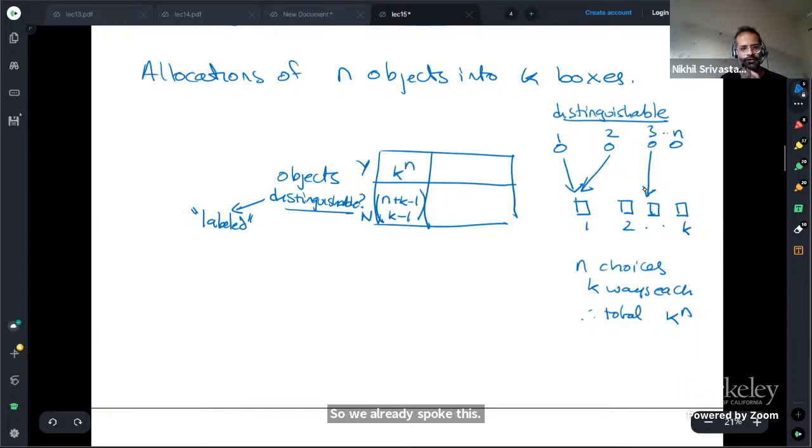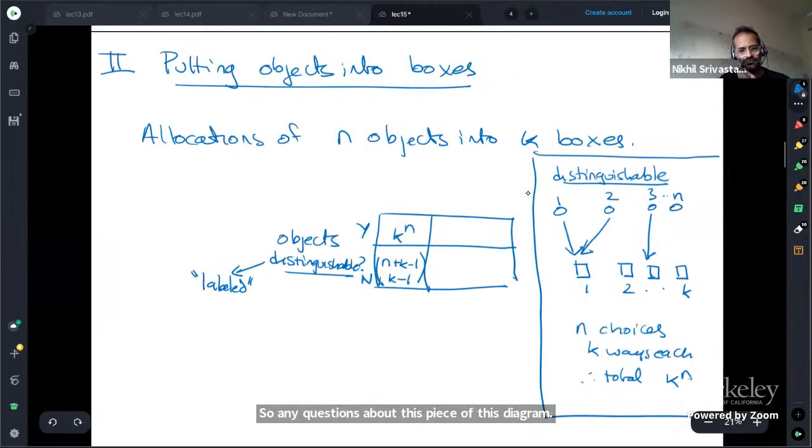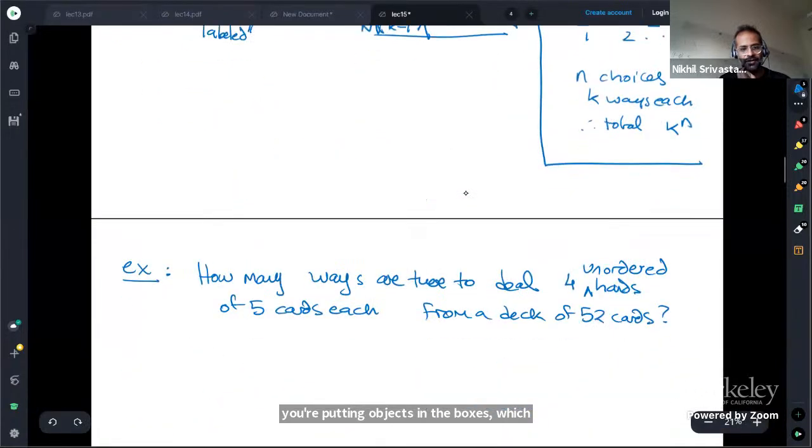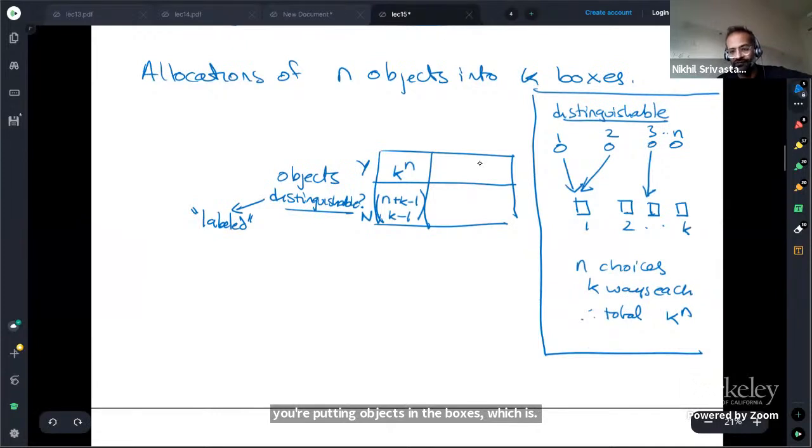Okay. So any questions about this piece of this diagram? Okay, so there's one more variation which comes up when you're putting objects into boxes, which is, are there any constraints on how many objects you're allowed to put in each box?